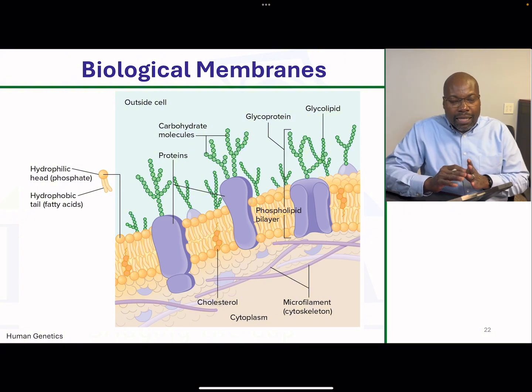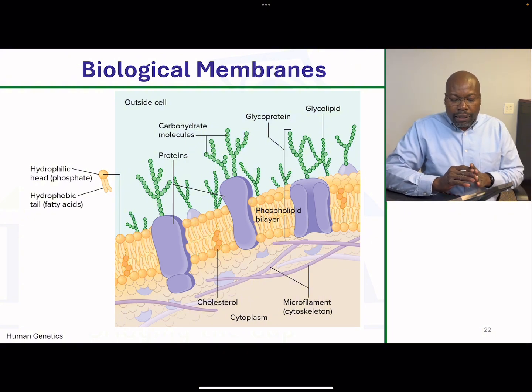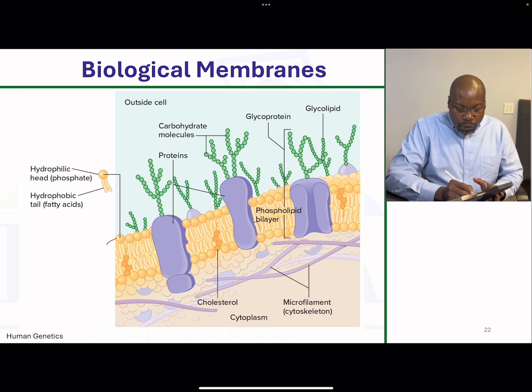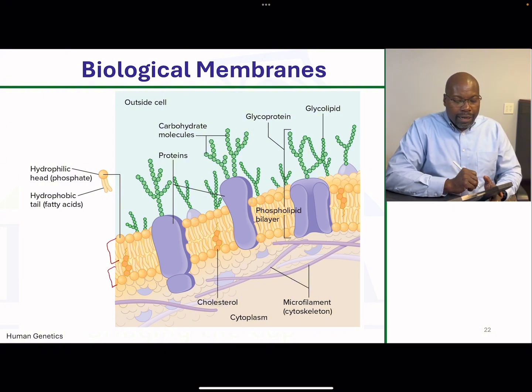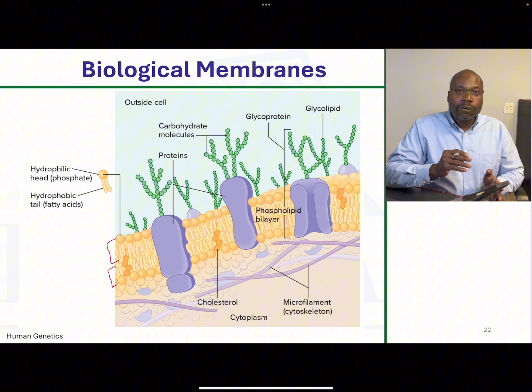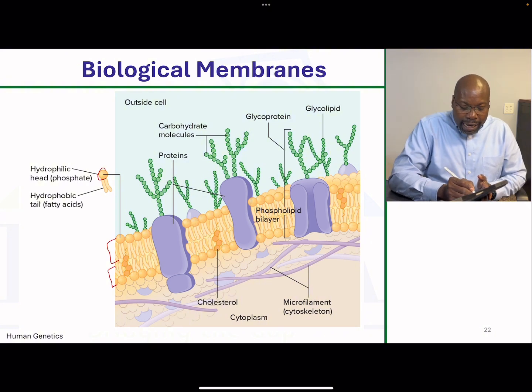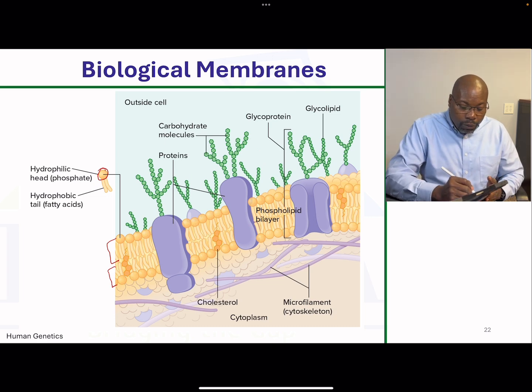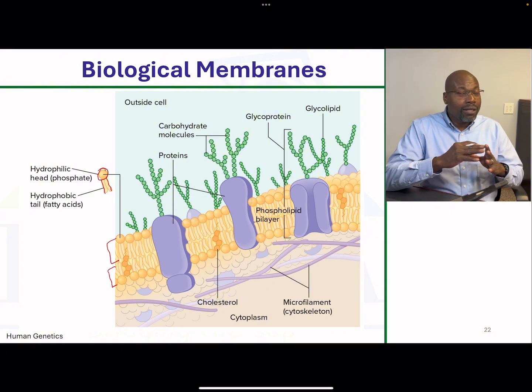Now let's take a look at the plasma membrane. The plasma membrane in humans is going to be made up of two layers. You have one phospholipid layer here and another phospholipid layer here. A phospholipid is characterized by one head that is hydrophilic, meaning that it is water-loving, while we have a hydrophobic tail, meaning that it doesn't like water.